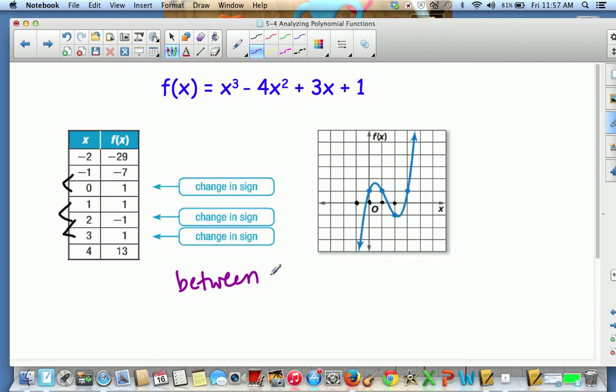We have one x that's in between -1 and 0. Between 1 and 2. And then we have another one in between 2 and 3. So that's where our zeros are. We're always looking for the change in the sign.